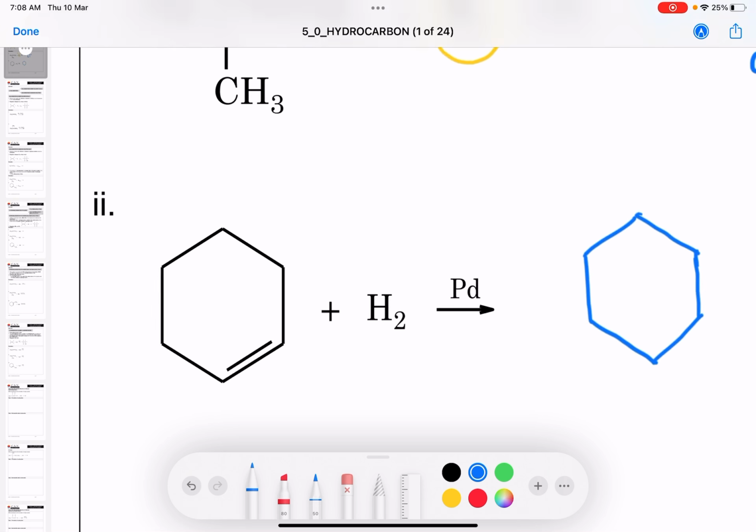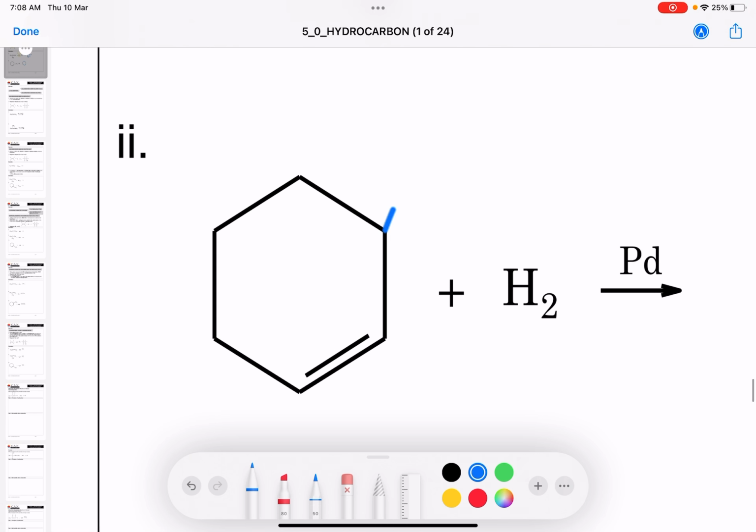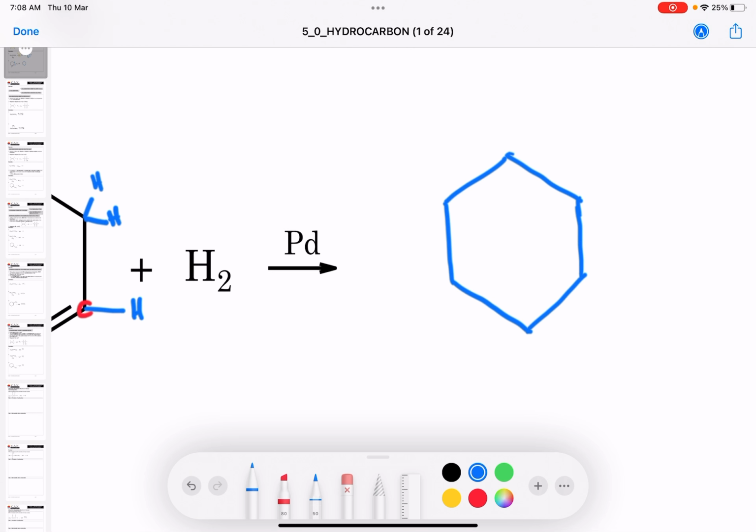What you have to understand is that each of these carbons has 2 hydrogens. However, for the carbon here, since it is sp2, it only has 1 hydrogen. So the addition will go here, and we are going to get hydrogen here, and the addition of the other 2 hydrogens will be here.